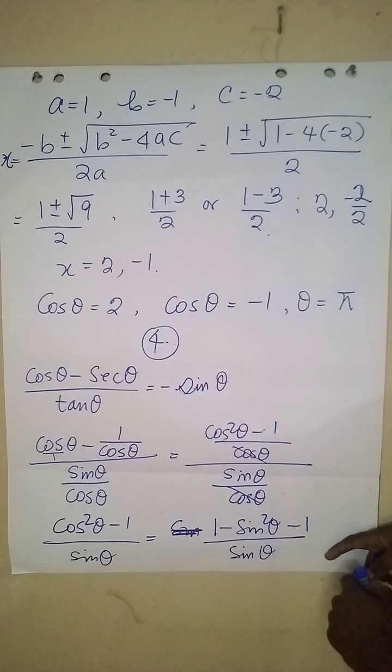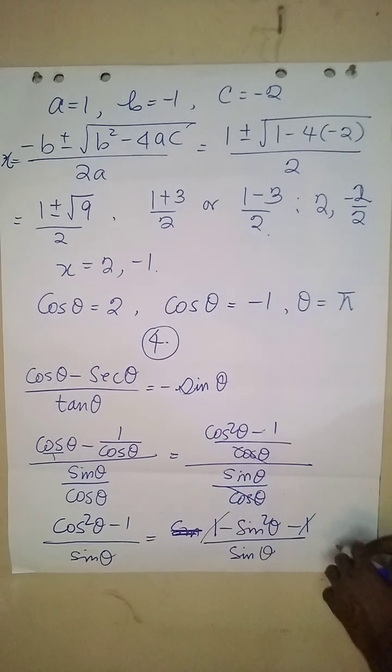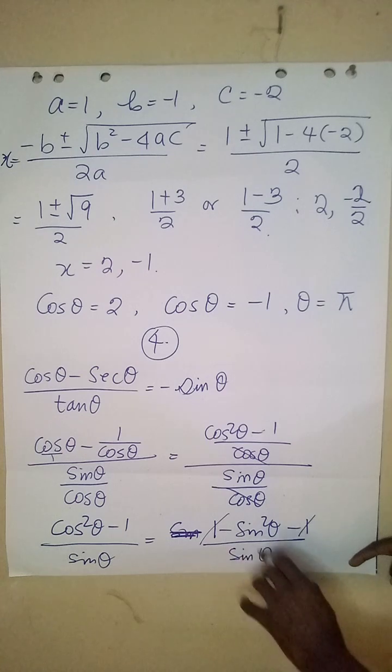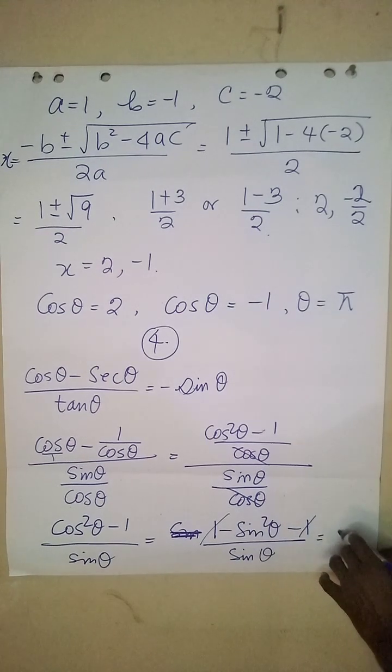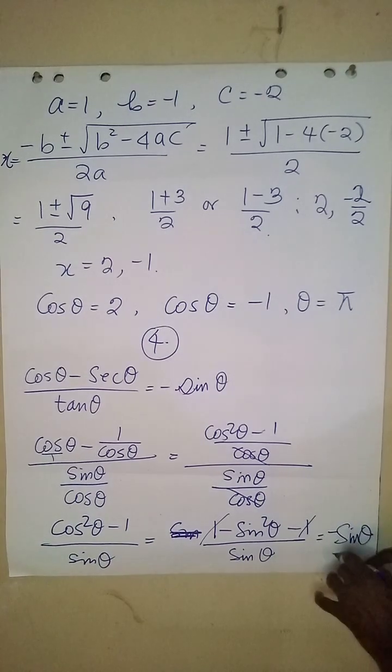So it's obvious that the 1s will cancel out. So you simply have minus sine square theta over sine theta. If we do a cancellation, we have minus sine theta. So that is what we have.